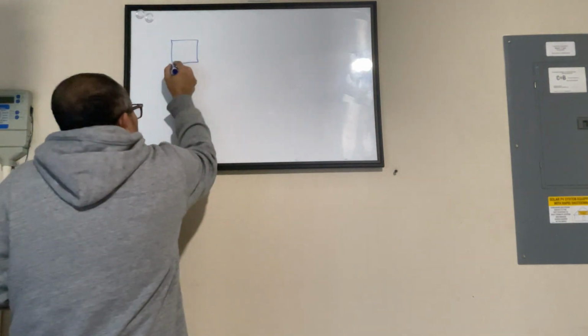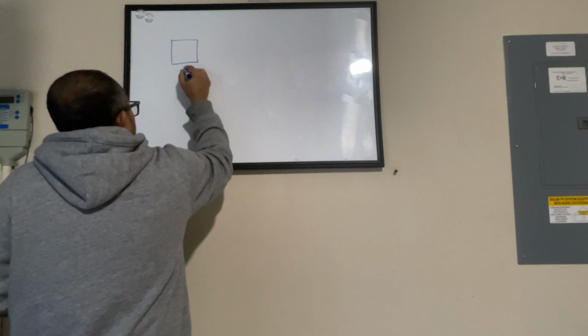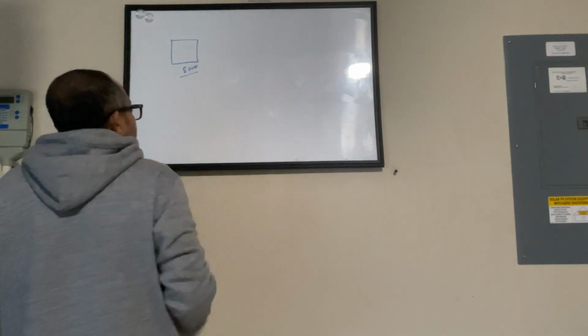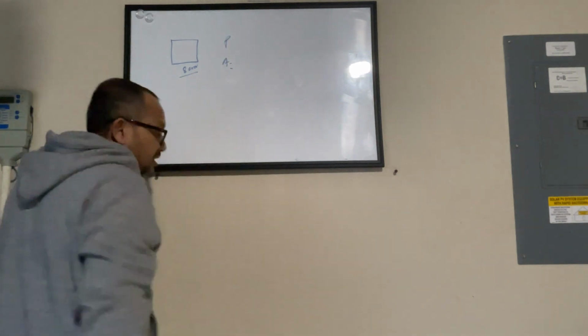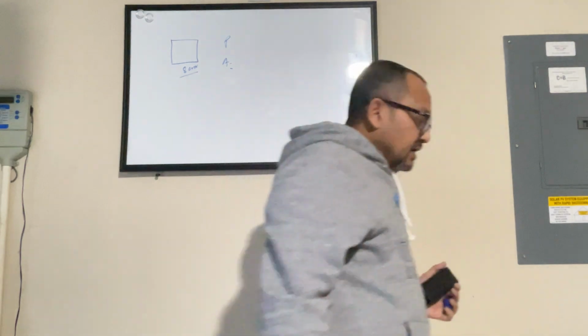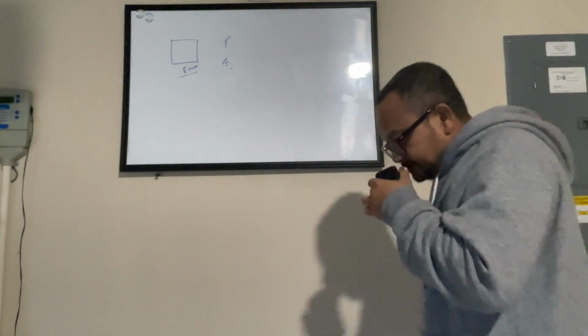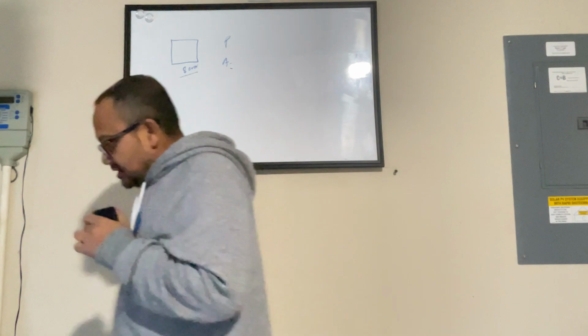There is a square whose side is 8 centimeter. A square with a side 8 centimeter. Find out the perimeter and area both. What is the area and perimeter?